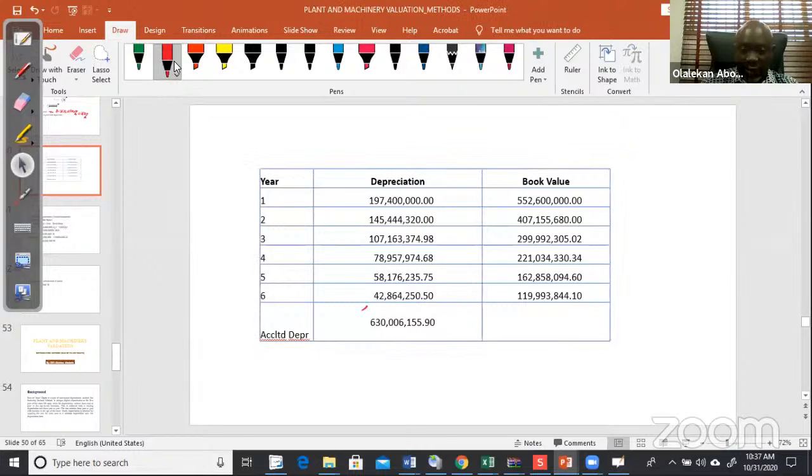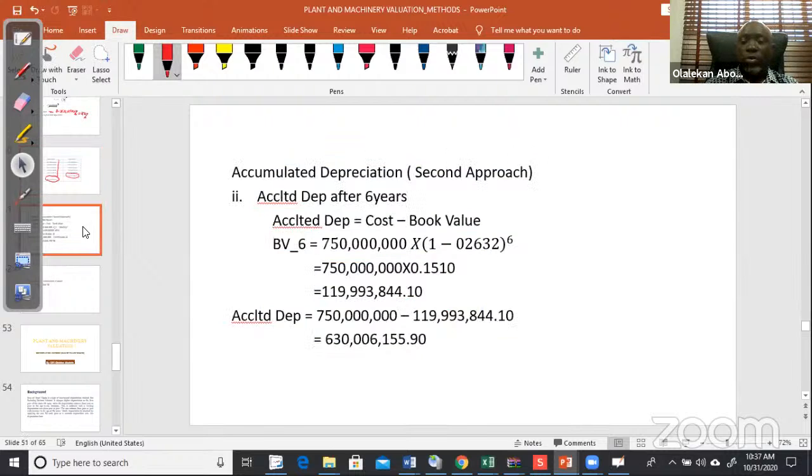Accumulated depreciation is all these added together. If you remove it from your total cost, it will give you your book value, the same thing. So this is one method. The second method is using the formula that I gave you. That is this here.